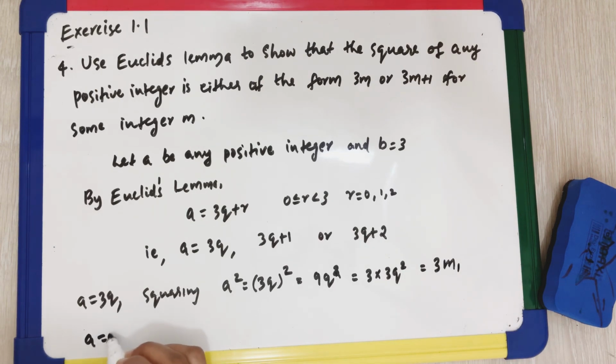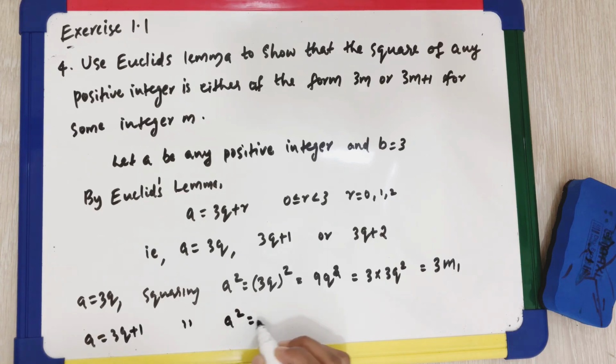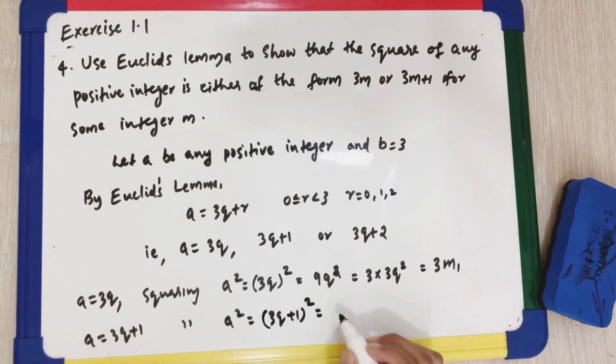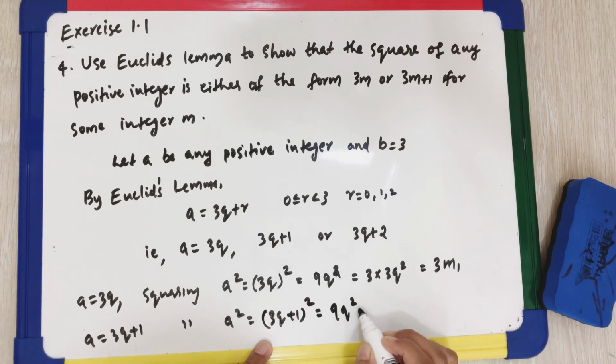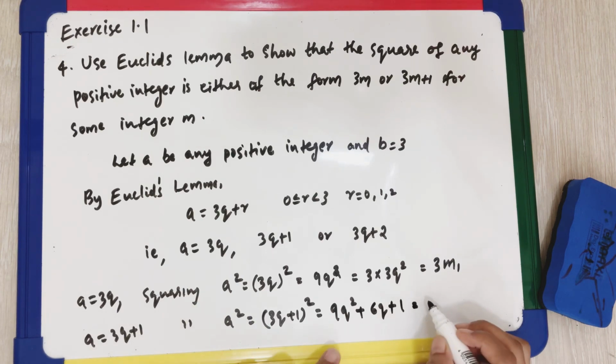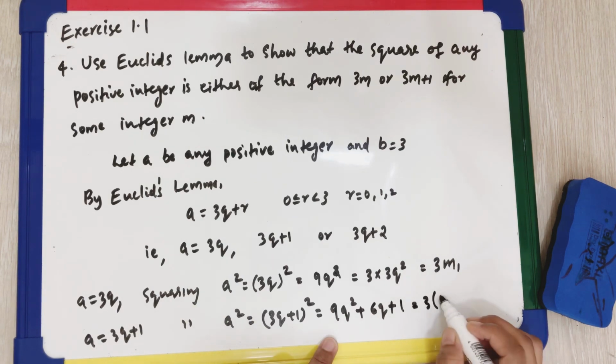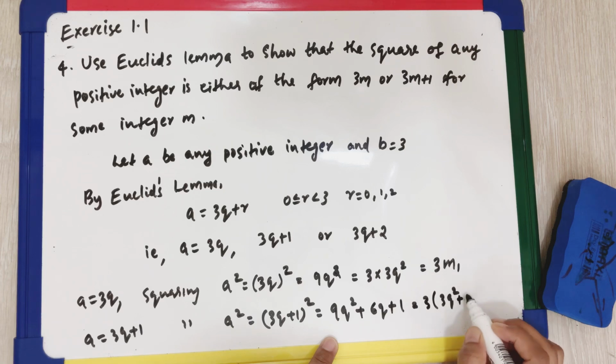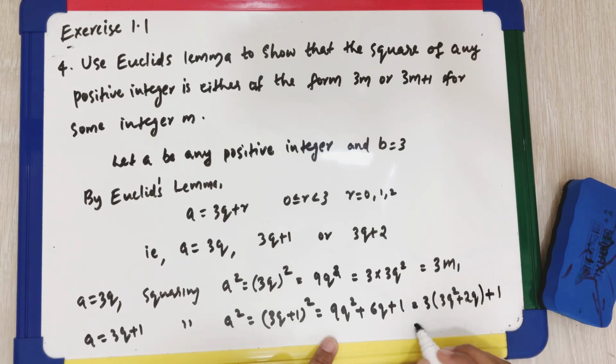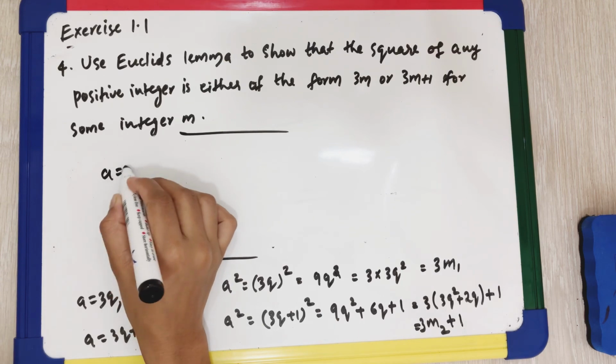Then take a equal to 3q plus 1. Squaring, we get a square is equal to 3q plus 1 the whole square, which is equal to 9q square plus 6q plus 1, which is equal to 3 into 3q square plus 2q plus 1, which is of the form 3m2 plus 1. Next, take a equal to 3q plus 2.